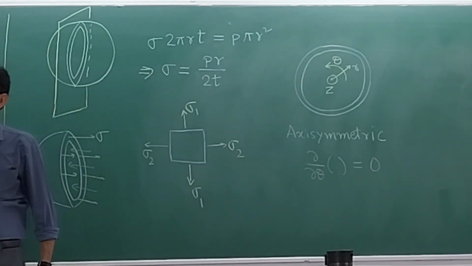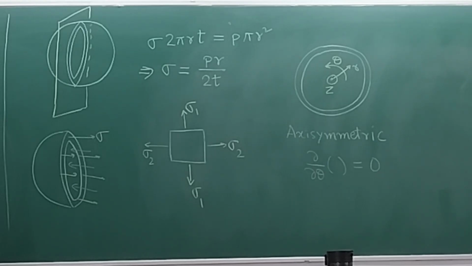Let that sink in. This is extremely important all throughout your life, especially if you go into fluid mechanics or solid mechanics higher studies, and certainly in manufacturing also. This is going to be an extremely important concept, that del by del theta of anything is equal to 0 is what is actually implied by axisymmetry.